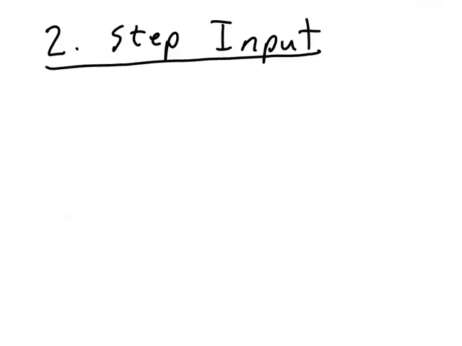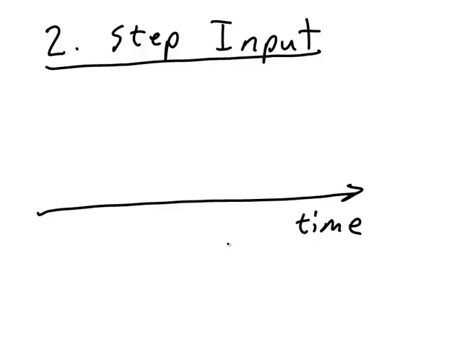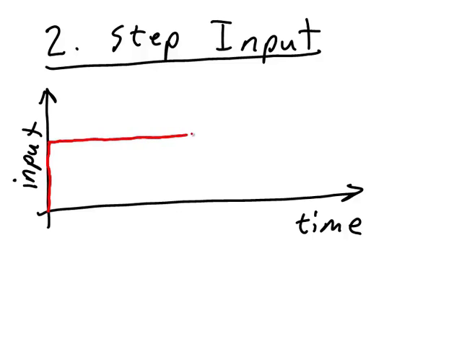Next, let's take a look at the step input. Just as before, we're going to start out by drawing a plot. The x-axis is going to be time, and the y-axis will be the input. In a step input, the input is 0 anytime that time is less than 0, and then the input jumps to a value usually 1 and continues 1 for the rest of time.